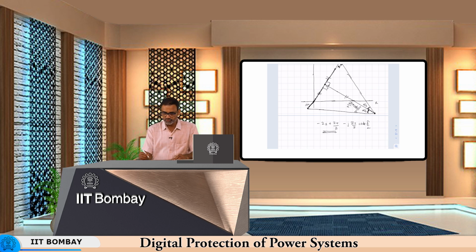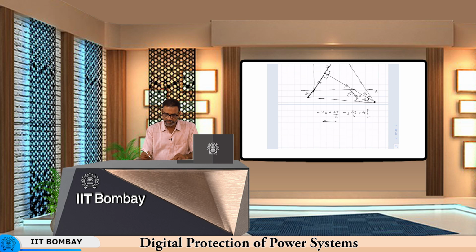We also showed that these two angles, because of the side angle side, are equal, alpha by 2 and alpha by 2. If you see, this side is Zt by 2 as we discussed, and this side is Zt by 2 cot of delta by 2.